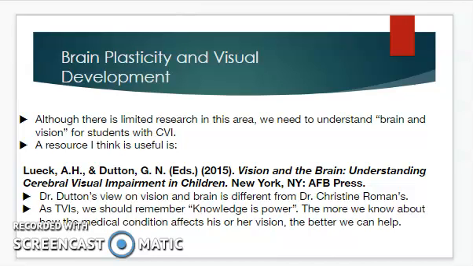One of the resources that I think is useful to read is Vision in the Brain: Understanding Cerebral Visual Impairment in Children by Dr. Lueck and Dutton. Note that Dr. Dutton's view on vision and brain is very different from Dr. Christine Roman's. So there's a lot of controversy around this topic.